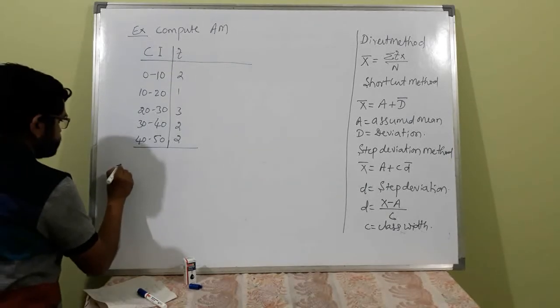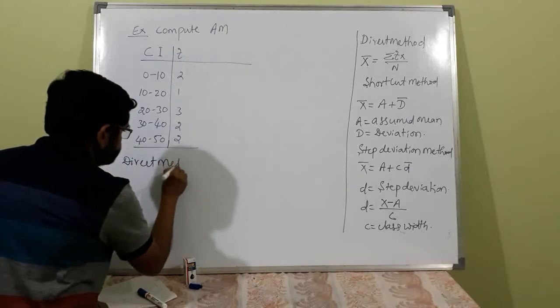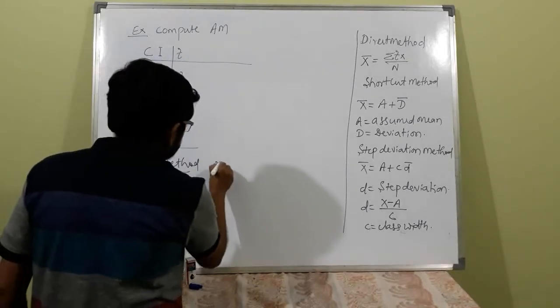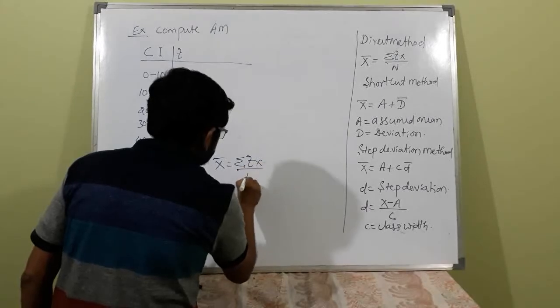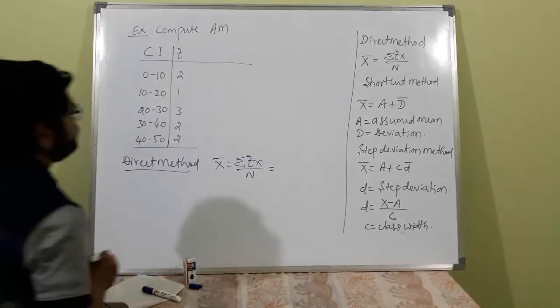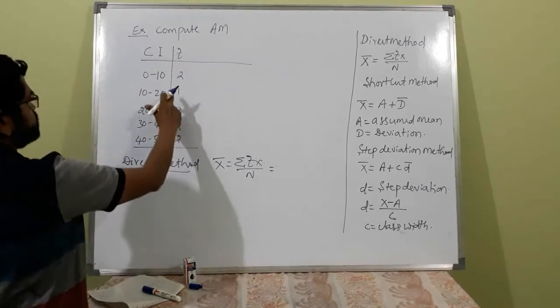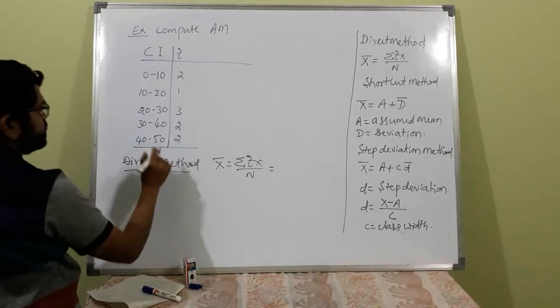First method by direct method, x bar is equal to summation of fx divided by n. What is n? Sum of the frequencies, that is I took smaller numbers only, 3, 3, 10.